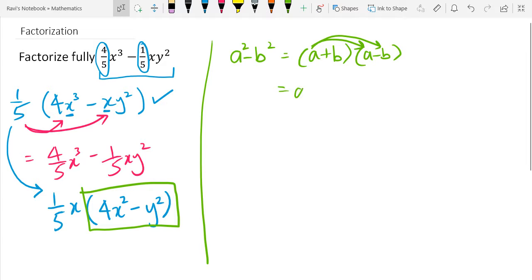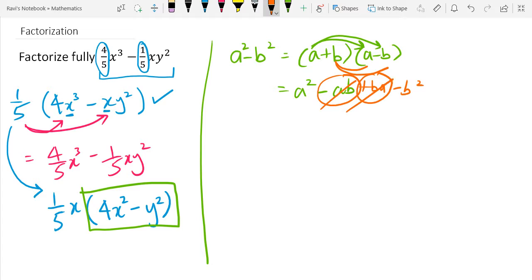So what you get is a squared minus ab plus ba minus b squared. ab and ba are the same, so this is a minus, this is a plus, so they cancel out each other. So what you get is a squared minus b squared.